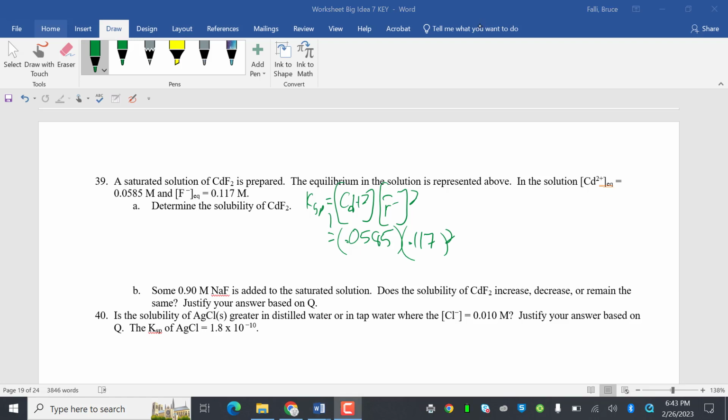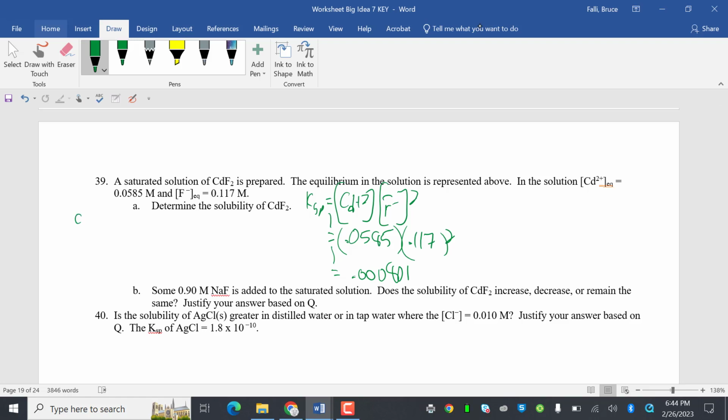Okay, so let's see what my terrible calculator can do with this one. So 0.0585 times 0.117 squared equals, so my KSP equals 0.000801. Okay, so that's KSP.